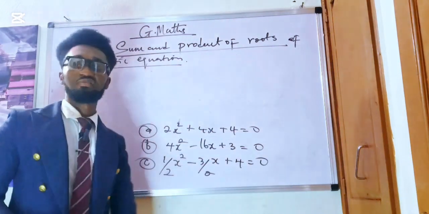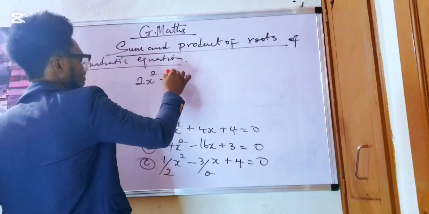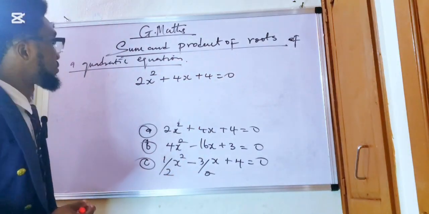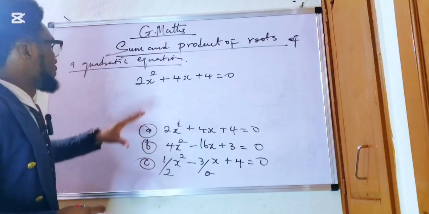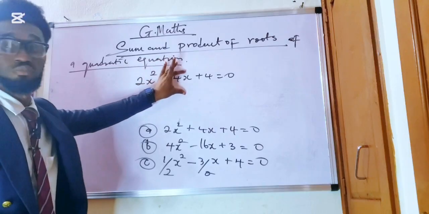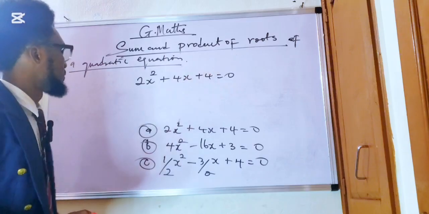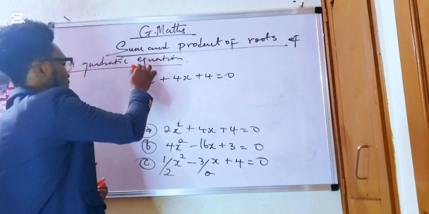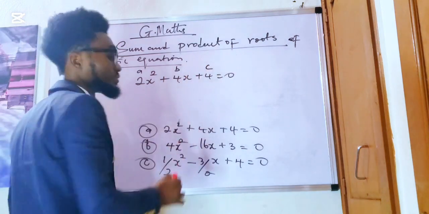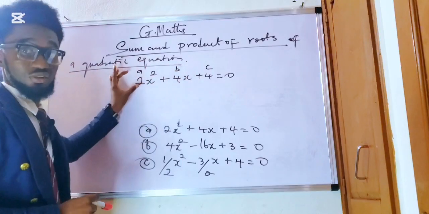Okay, so let us look at the first equation: 2x squared plus 4x plus 4 is equal to 0. The first thing we are going to consider here is to use alphabets to represent the first term, the second term, and the third term of the equation. Let us call the first term A, the second term B, and the third term C. Remember that these alphabets only represent the coefficients.